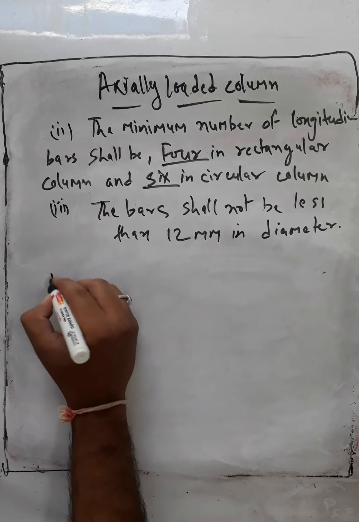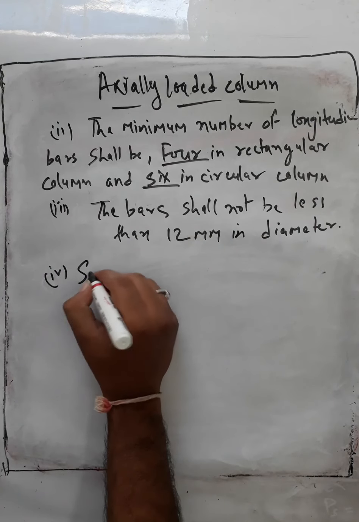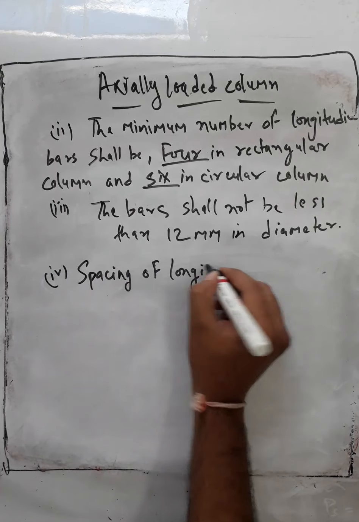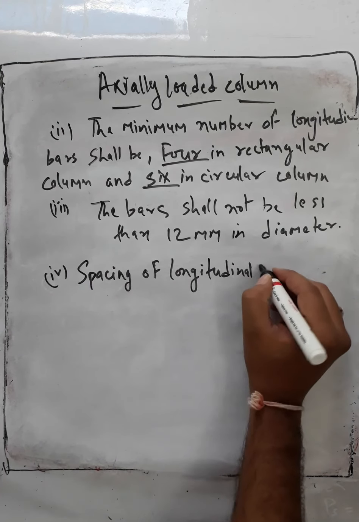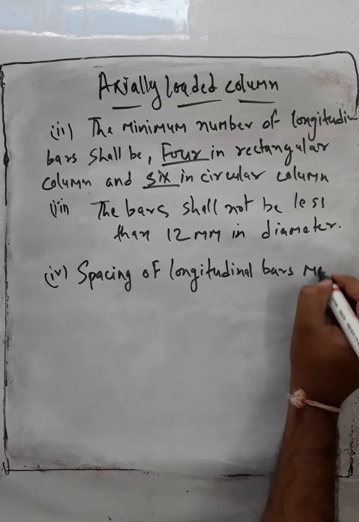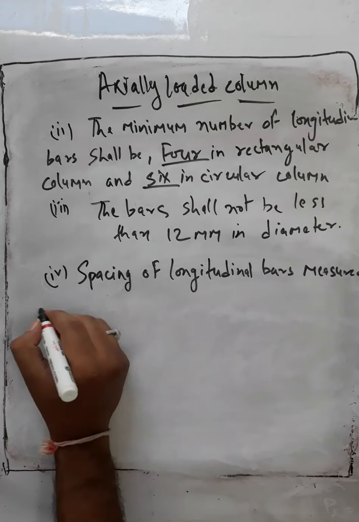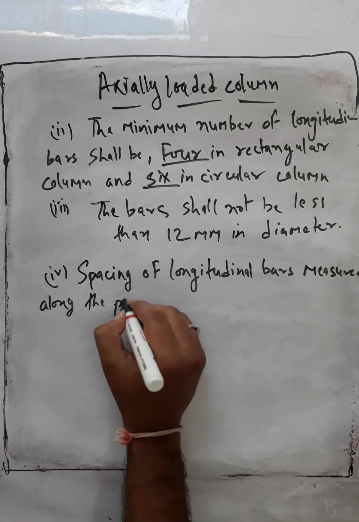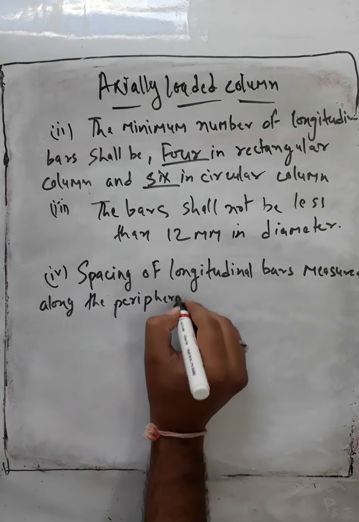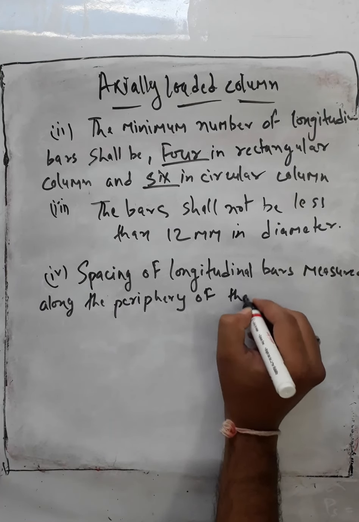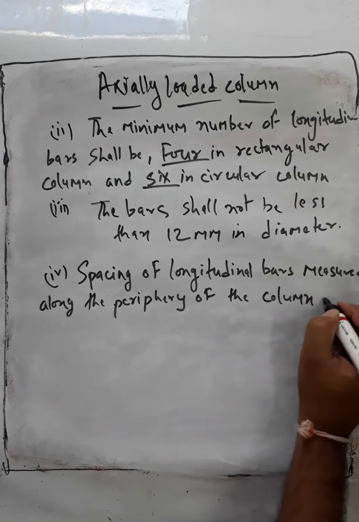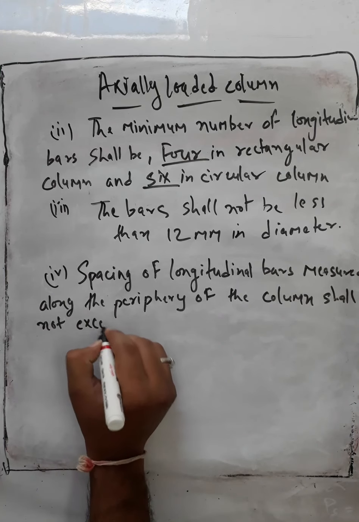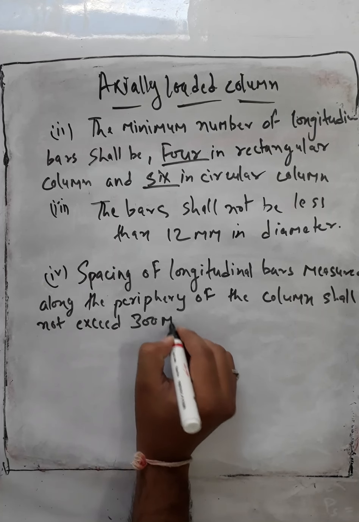Fourth point, spacing of longitudinal bar measured along the periphery of the column shall not exceed 300 mm.